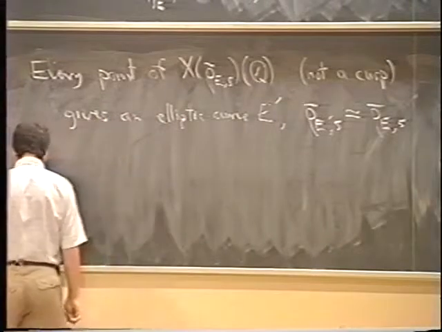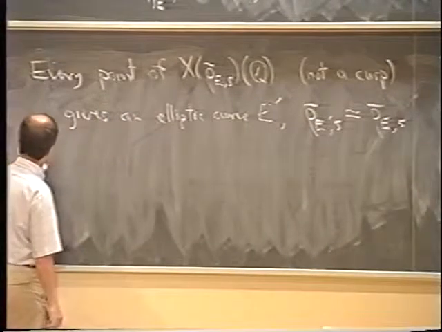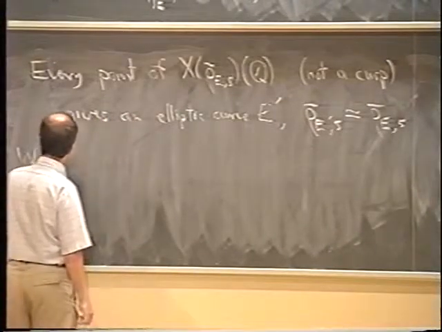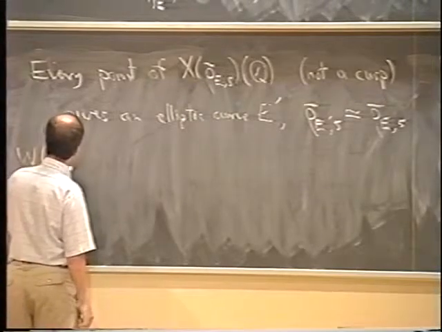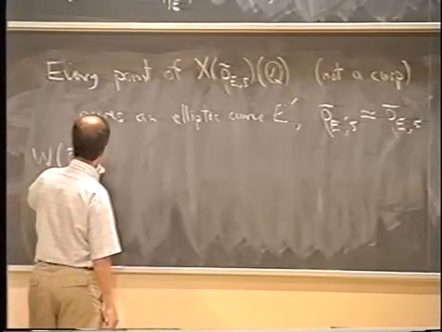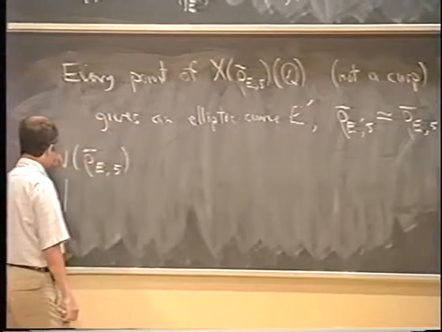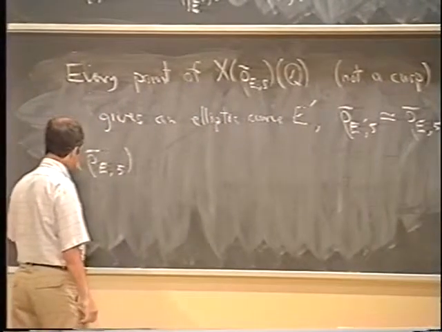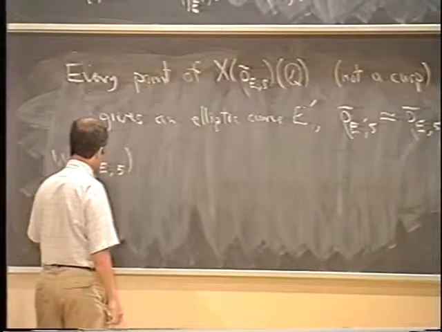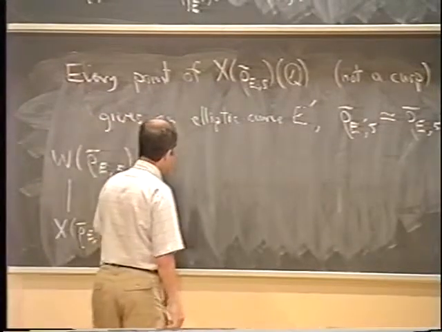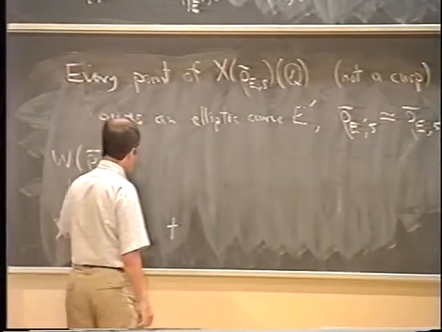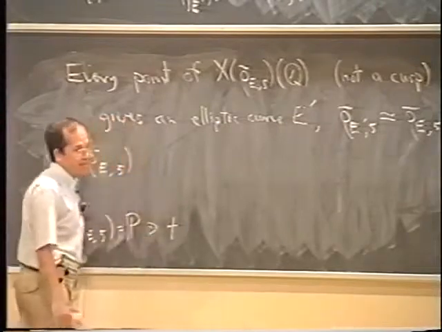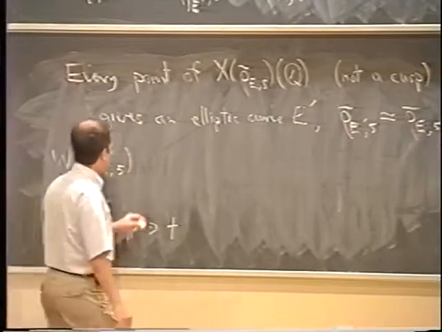So let me remind you, in yesterday's talk, one had the universal elliptic curve, W, sitting over this X of rho bar E5. We identify this with P1, and corresponding to a rational number t, there was an elliptic curve.